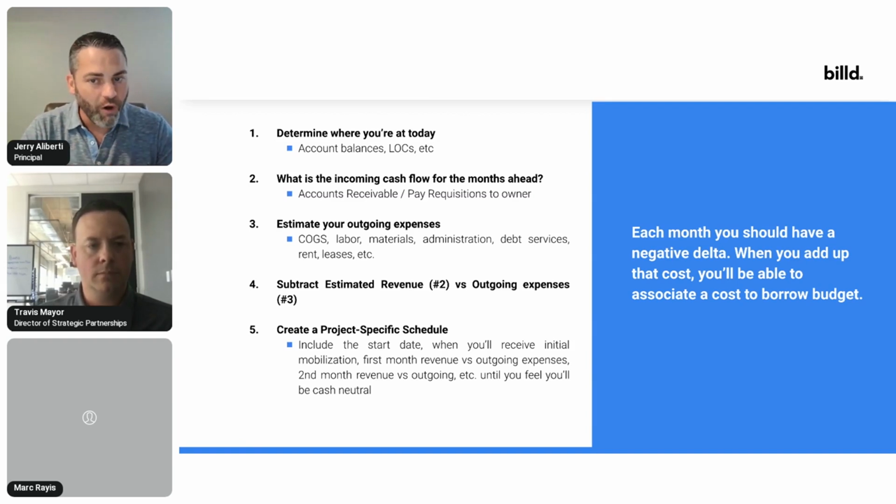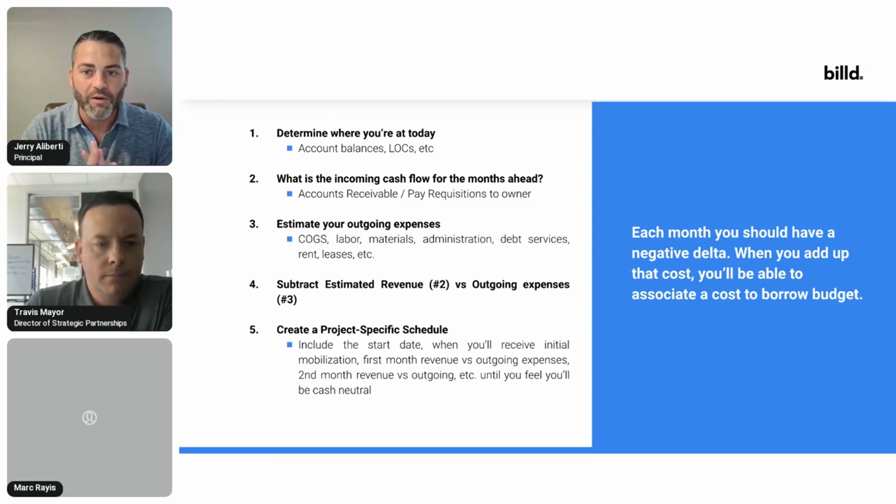But this is a real cost, and you need to understand that. I know a contractor who spends several $100,000 on borrowed money, and it's just a real cost, but he's too worried about putting it in his bid. So it comes out of your bottom line. So it's a decision that you've got to make, and there's ways to get around it.